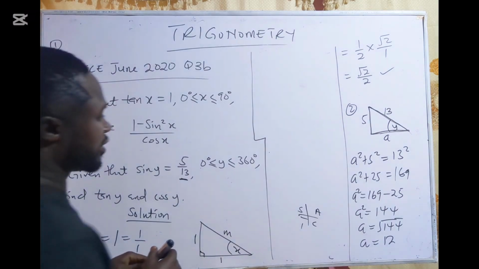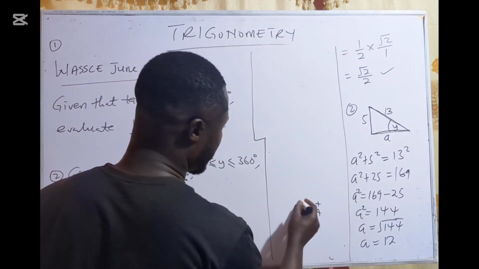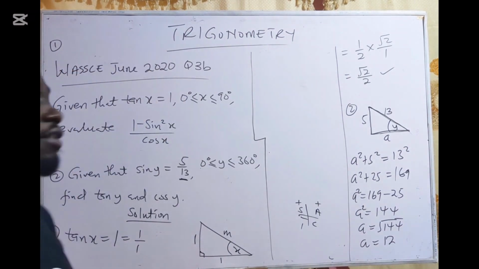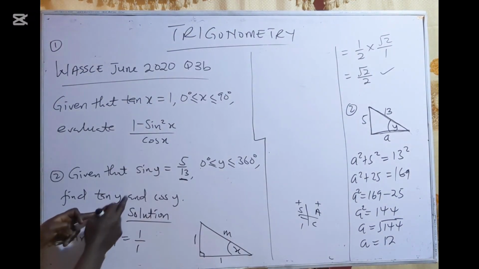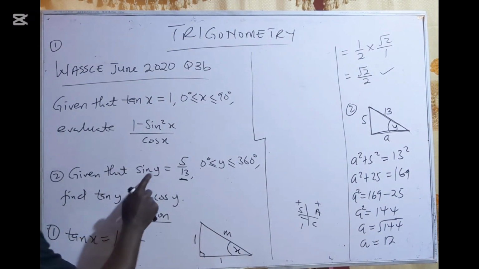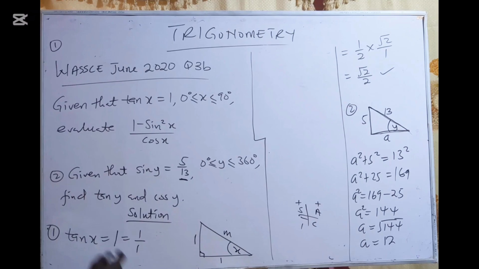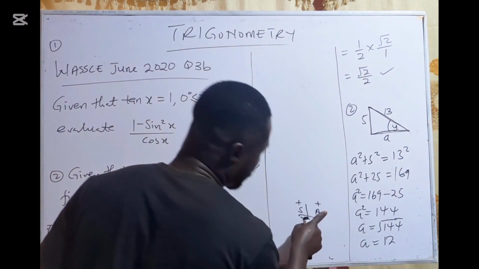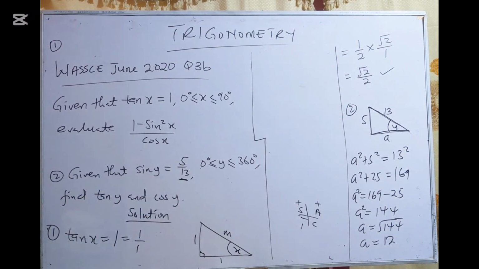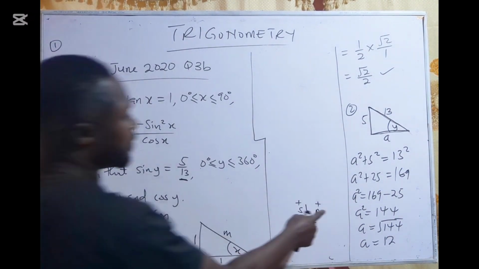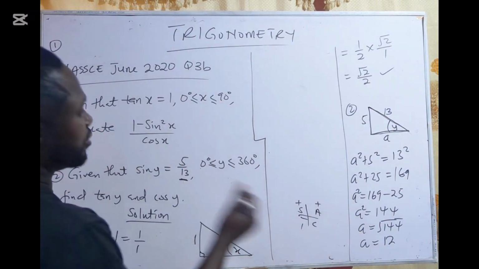Why is sin positive? Sin is positive in the first quadrant and in the second quadrant. In the first quadrant, they are all positive. It means that my tan y will be in the first quadrant and in the second quadrant where sin is positive. And cos will be the same, in the first quadrant and in the second quadrant where sin is positive.